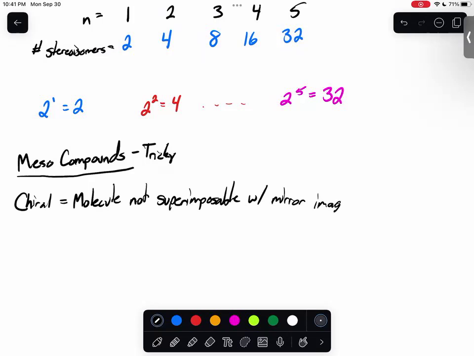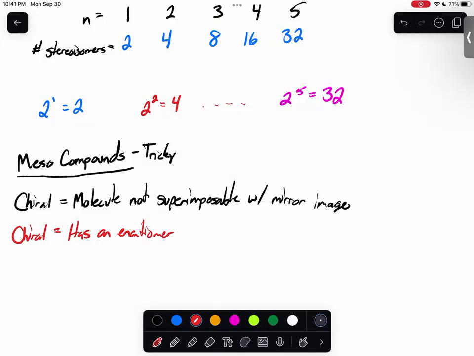Okay? Essentially, what we have said by stating this definition is that a chiral molecule has an enantiomer, right? That is the definition that we've given.